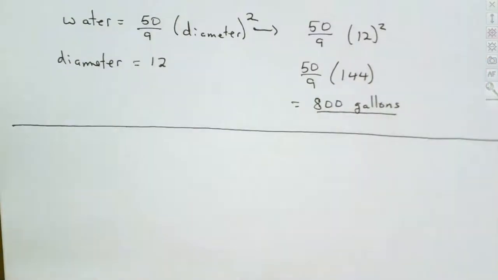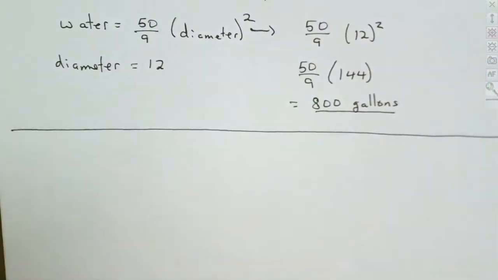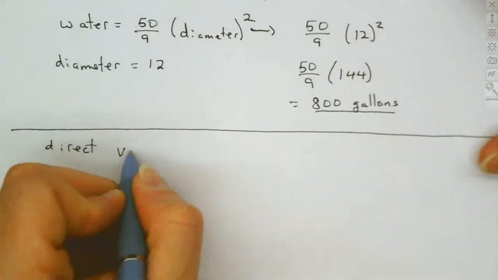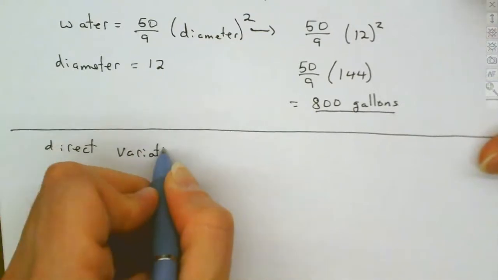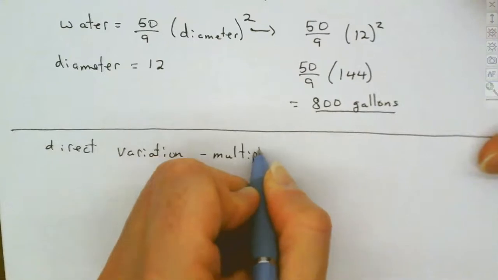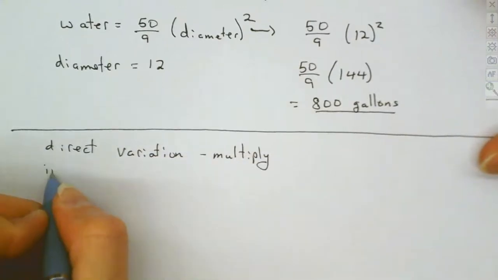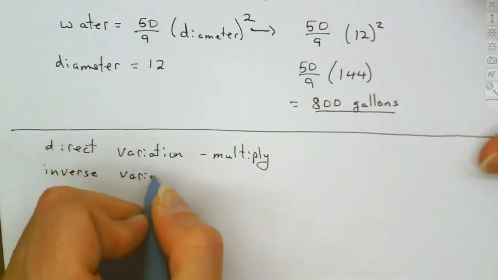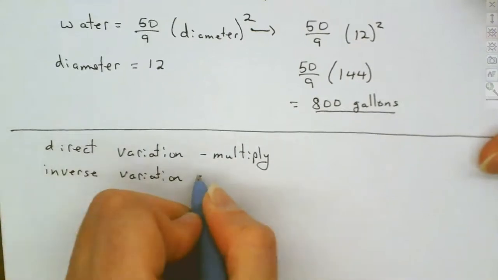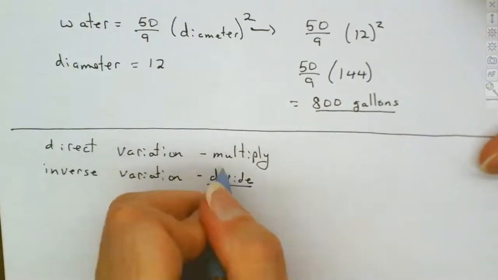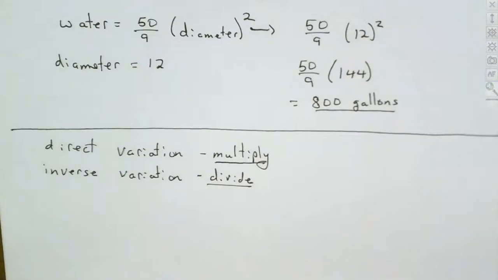So that's direct variation. So when we talk about direct variation, we are multiplying. When we talk about inverse variation, we divide. Okay, so direct variation, we multiply.